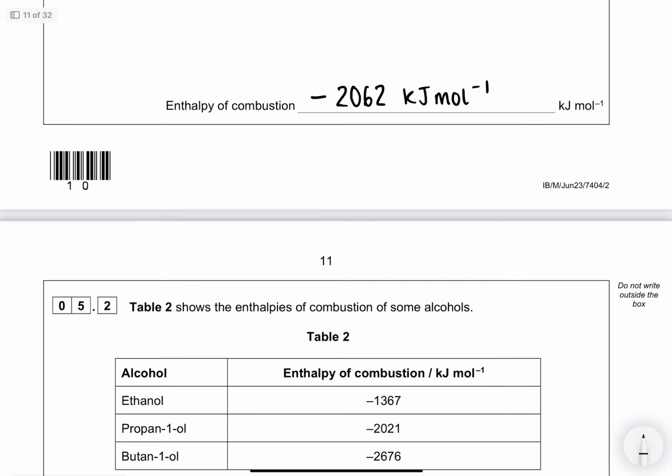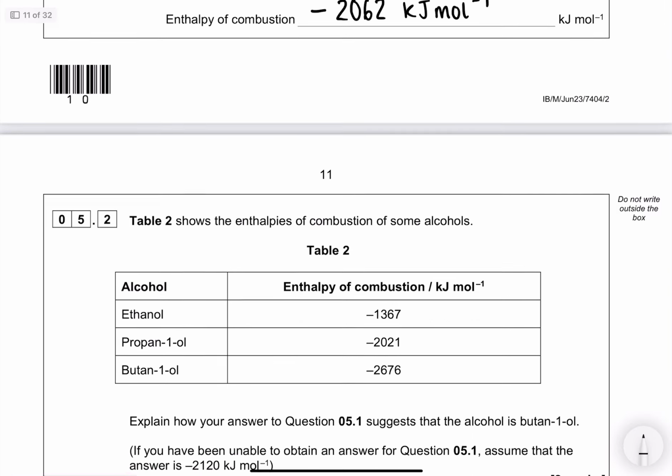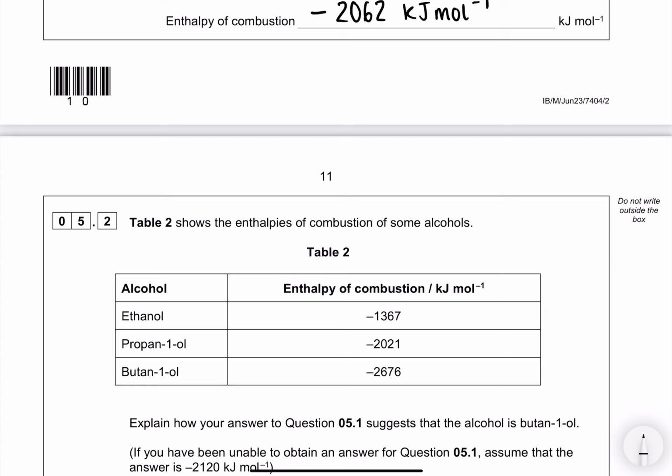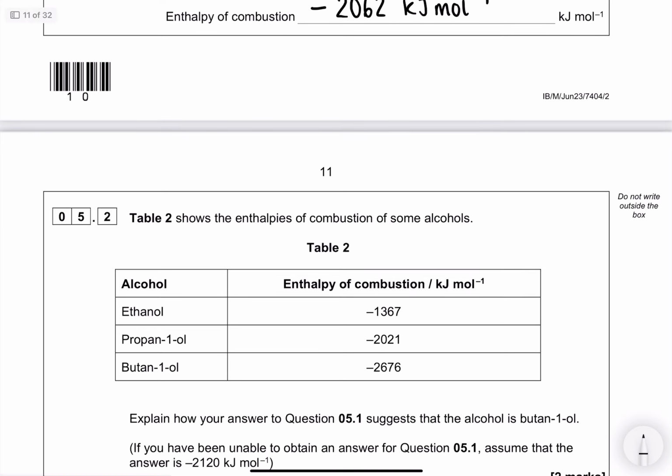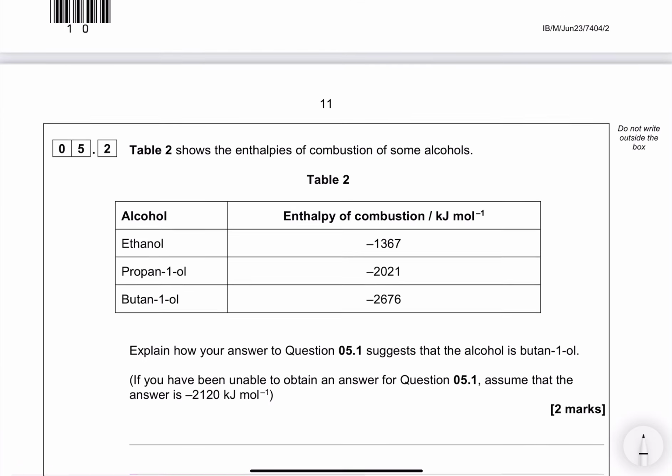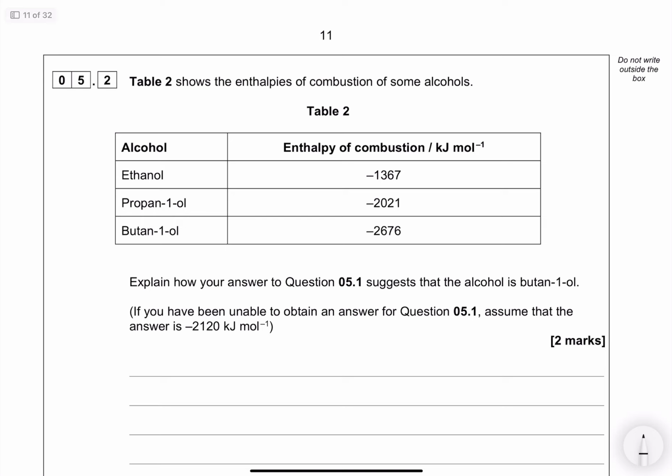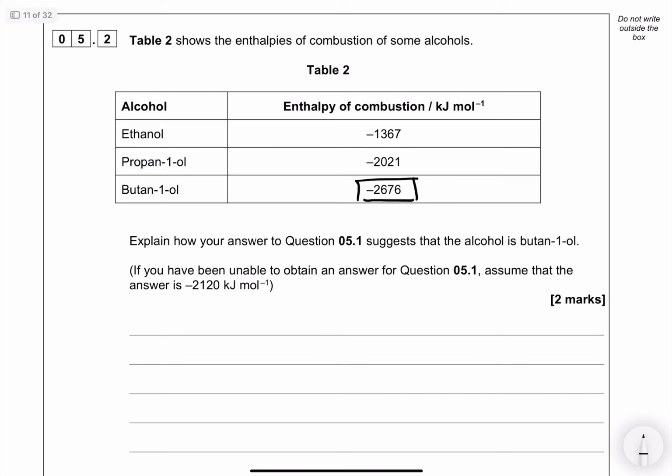So the value that you're going to get from this experiment is not going to be as accurate as it could be because of heat loss to the surroundings. And that heat loss is accounting for energy that isn't making it into the water. And so the value that you would expect in a data book is always going to be more negative than the value that you got from the experiment.